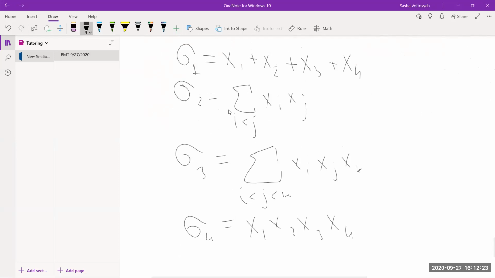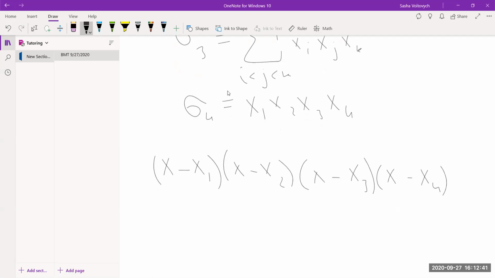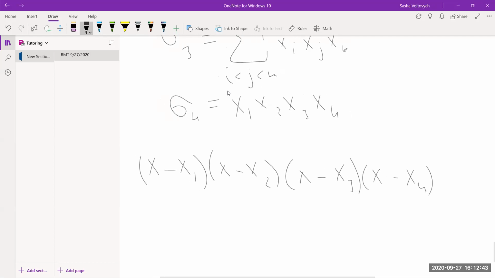Also, what's nice about these symmetric polynomials, and why we care, is that if we write a polynomial as a product of differences (x minus x1)(x minus x2)(x minus x3)(x minus x4), where x1, x2, x3, x4 are its roots, then, by Vieta's theorem, the coefficients of this polynomial will be these symmetric polynomials, either with a plus or a minus sign.